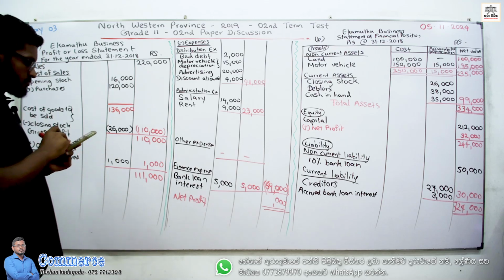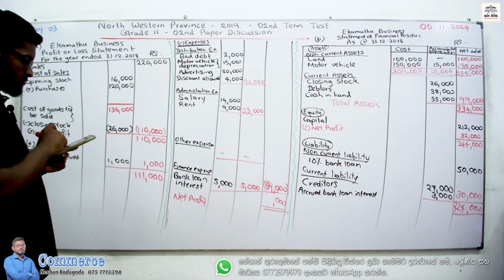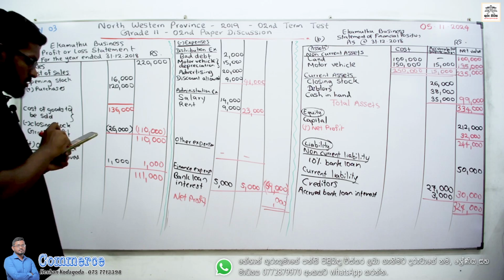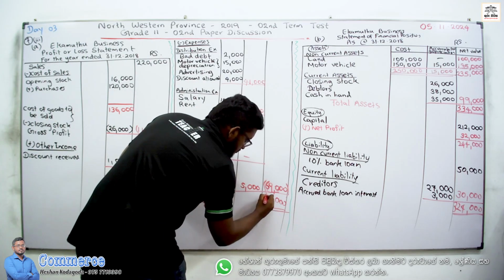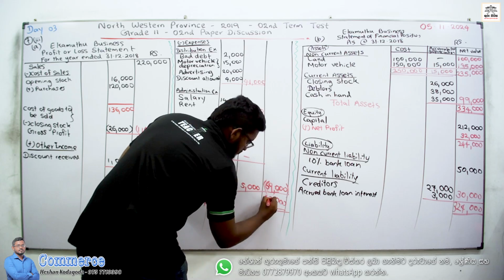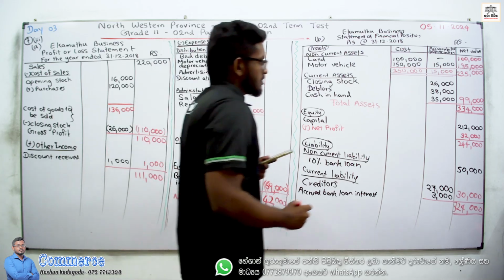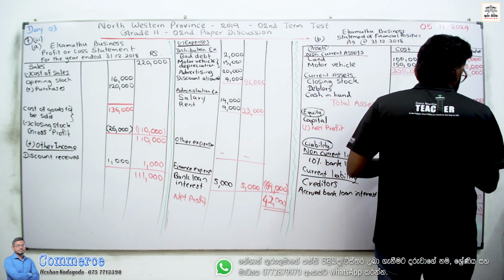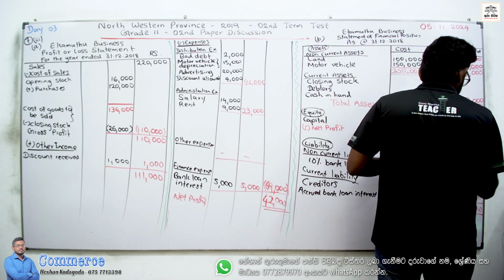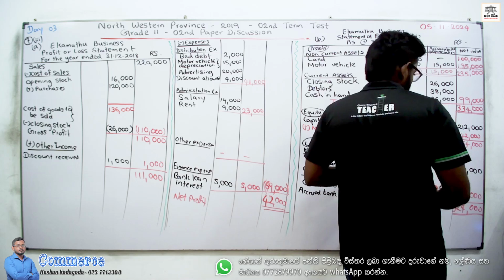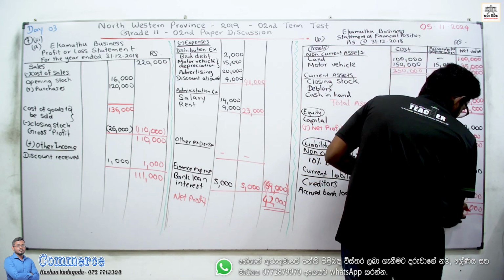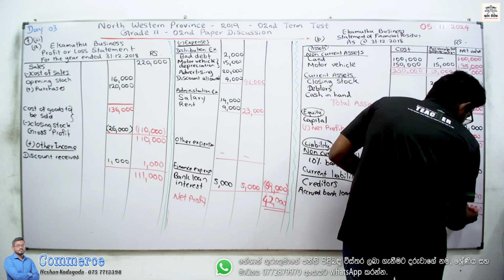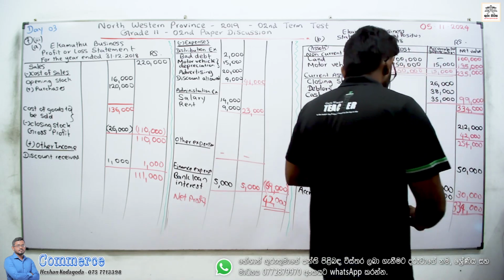So then 111,000 minus 69,000, then it's 42,000. Then add it to 42,000 in here. Now it's telling 334,000. This is the total equity and liability.